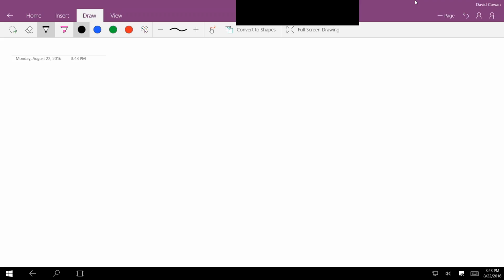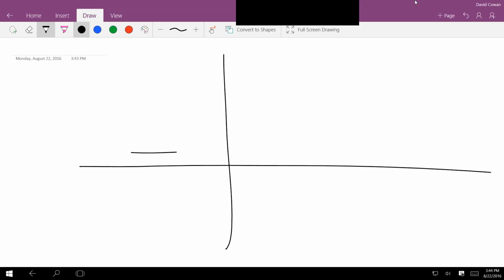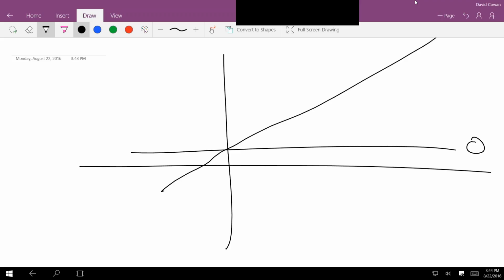Let's talk about slopes. We go from a 0 slope to a slope of 1, because I have to go up 1 and over 1. And then as my slopes get bigger, that slope is, let's call it, 4.